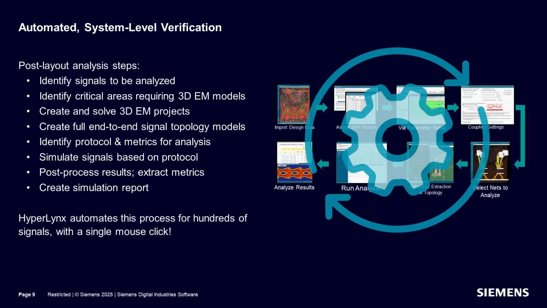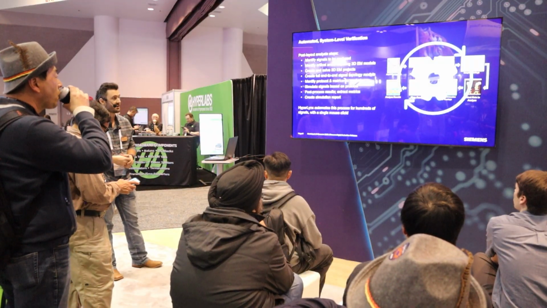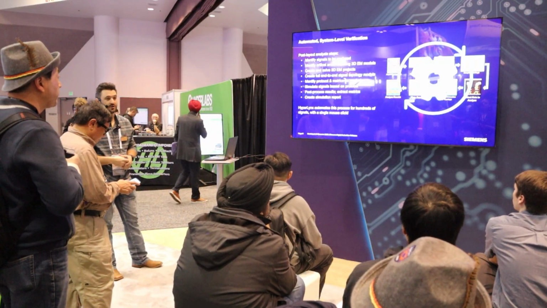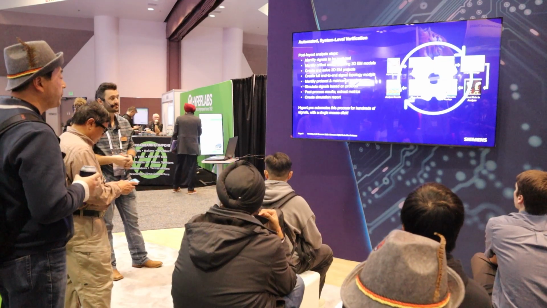We have a lot of steps that need to take place here and all need to be automated. If we look at what needs to take place, we need to identify the signals to be analyzed. Of those signals, we need to find if there are any critical areas that need to be modeled in 3D. We then need to create and solve those 3D areas in our electromagnetic field solvers. We then stitch them back together with the rest of the channel to create an end-to-end topology model of our nets. We then identify the protocol and metrics associated with it for simulation.